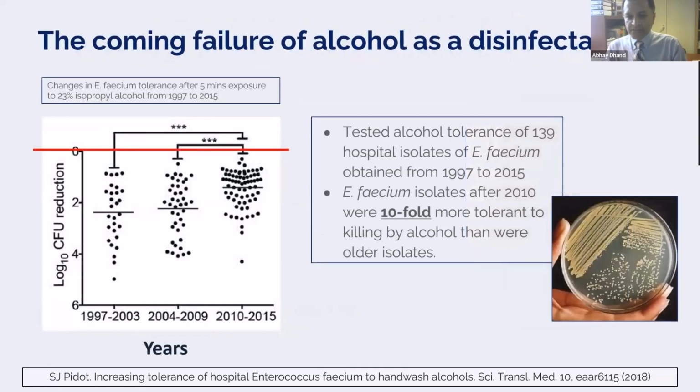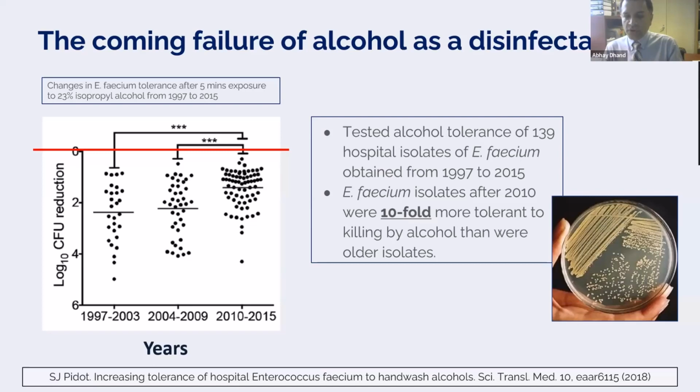So this was done in a study in which you have three sets of isolates, but the isolates of interest are on your right side, from 1997 to 2003 and from 2010 to 2015. These isolates are interesting because they represent two sets of isolates, those which were exposed previously to alcohol because of routine hand hygiene cleaning versus isolates that were not exposed.